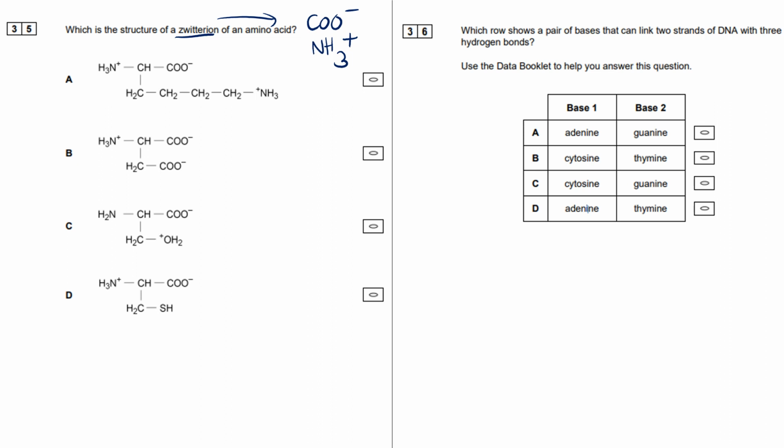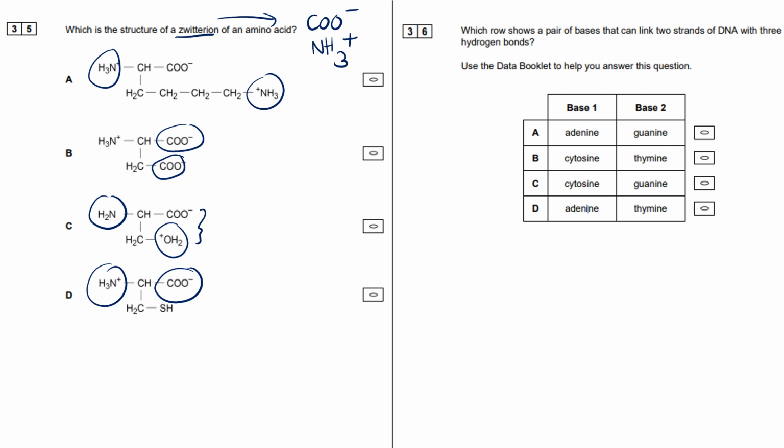It can't be A because you have two NH3 pluses. There is an overall positive charge. It can't be B because there is an overall negative charge. C, even though there's no overall charge, the positive charge is in the wrong place. D, you have NH3 plus and COO minus. No overall charge. That is indeed the correct structure for a zwitterion. So D is correct here.